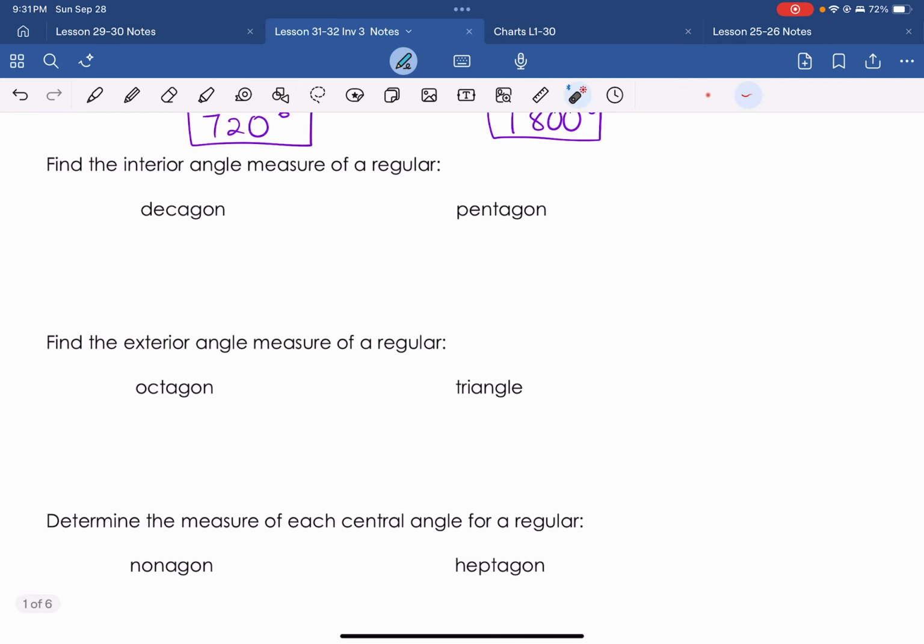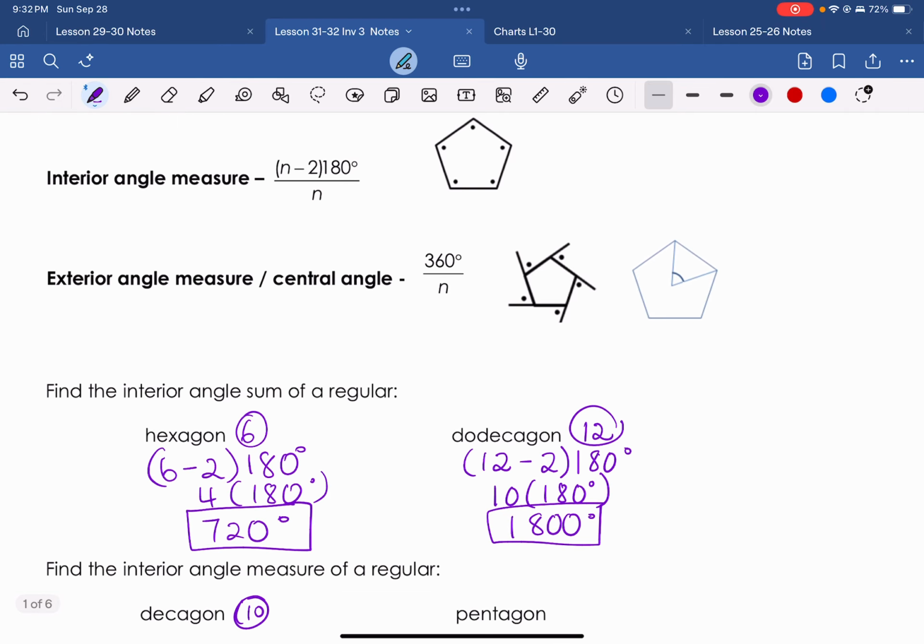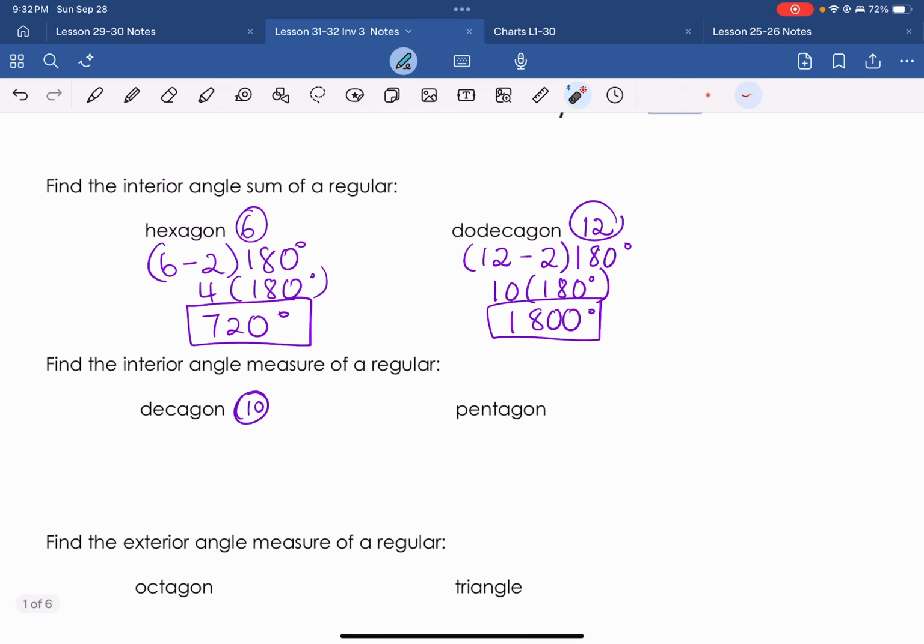Okay, now we're moving on to the interior angle measure of a regular decagon, which is 10, and pentagon, which is 5. This time they don't want the sum, they want one angle. So like I said, this is 10 sides. And the one extra step in finding one angle's measure is to then divide by the number of sides once you've found the sum.